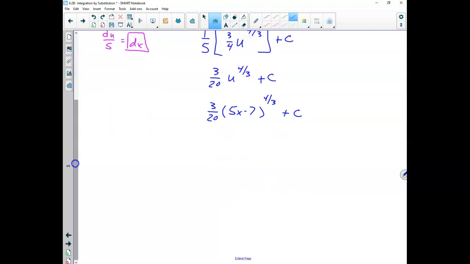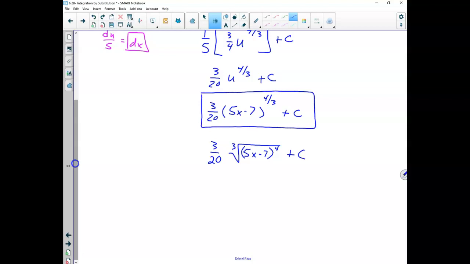Or if you want it to look a little nicer and cleaner, you don't have to do this, but you could make this the cubed root of 5x minus 7 to the 4th plus c. You could call it either one. I typically would stop right there. But please, I'm not going to waste the time to check all the derivatives here. Hopefully you guys are doing that. And if you don't, well, I hope you do. I'm just going to leave it at that.